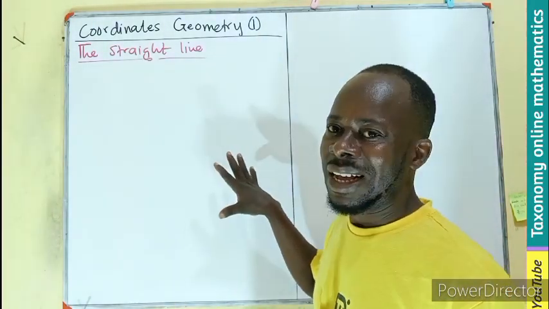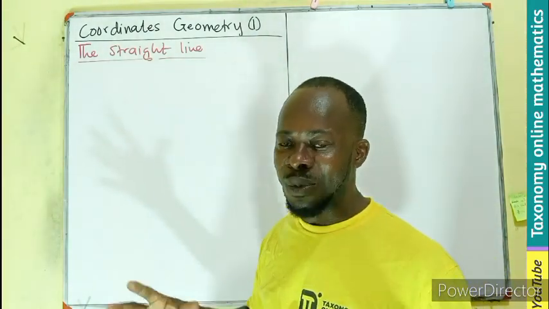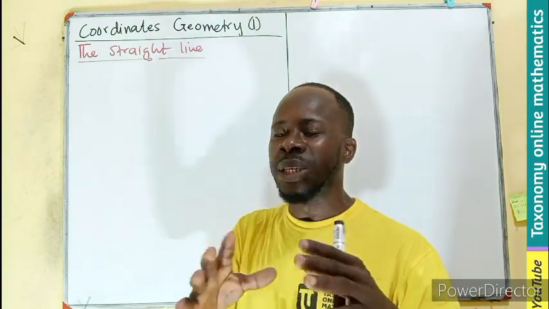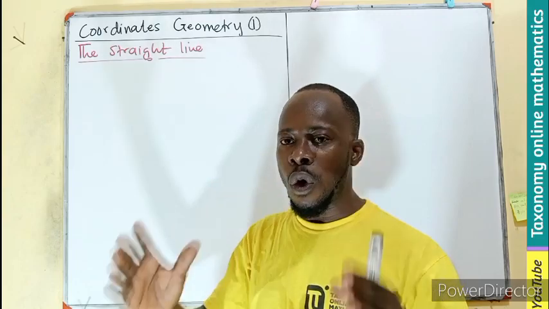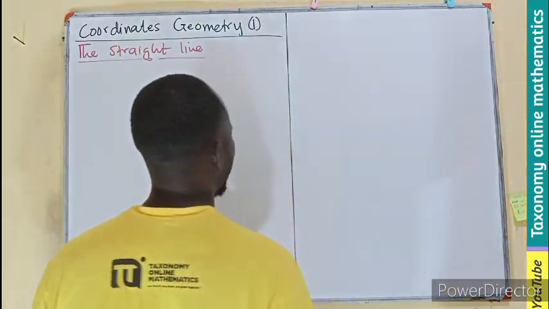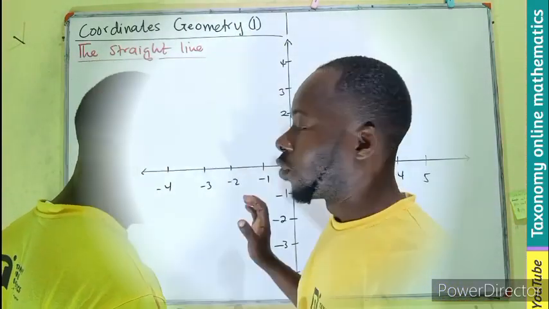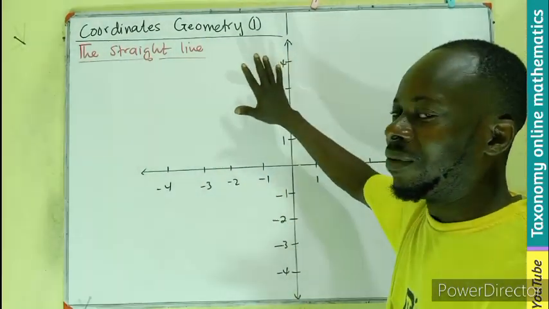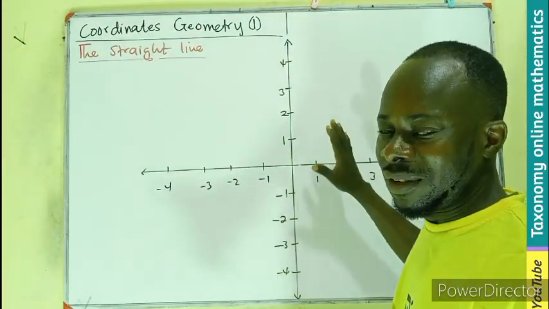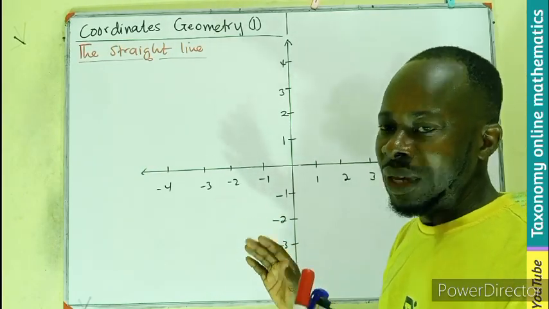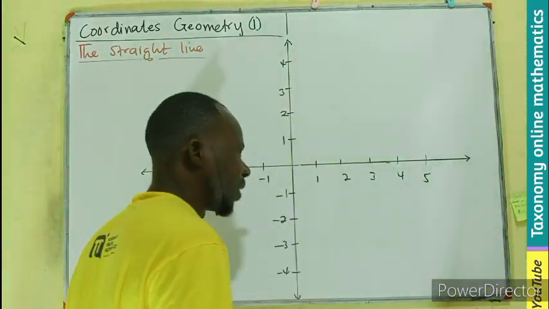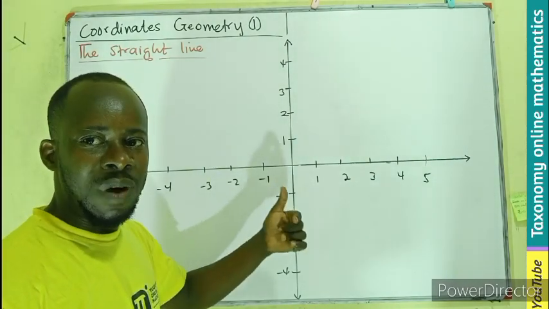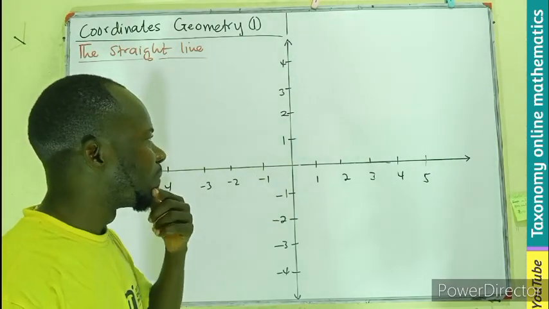So in this visualization, we are going to use what we call the Cartesian plane, and in the Cartesian plane, we have what they call the coordinate plane. So this is our Cartesian plane, which divides the space into two-dimensional space that helps us to identify a point or a position.